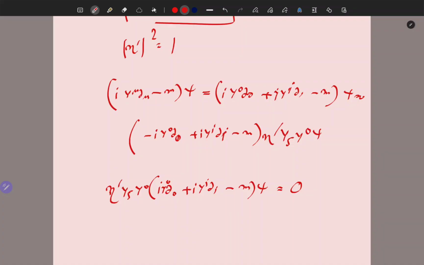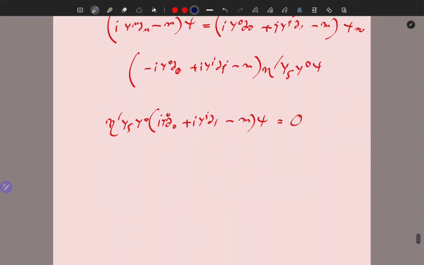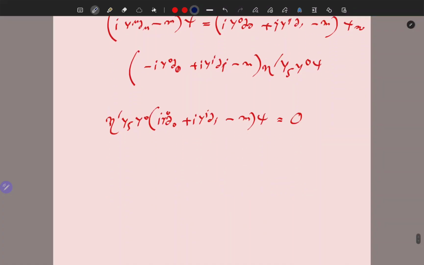Now the charge conjugation. We shall consider the Dirac equation in an external electromagnetic field to bring out the meaning of charge conjugation.